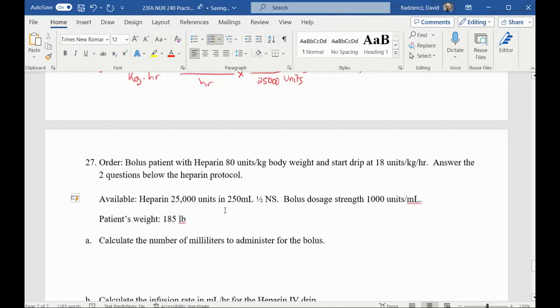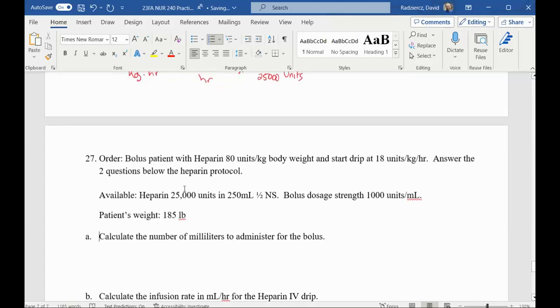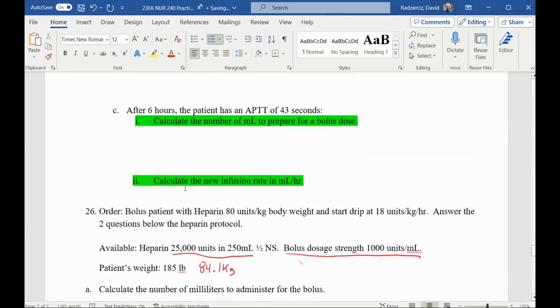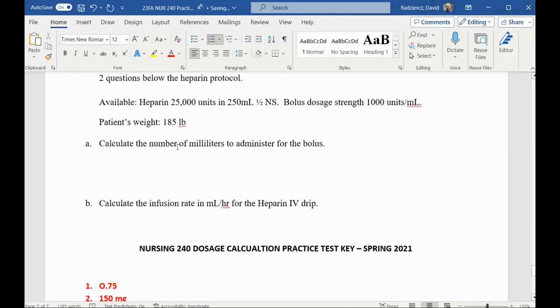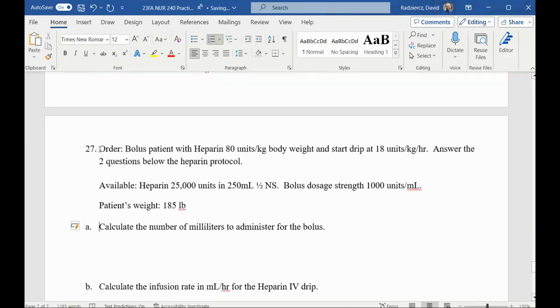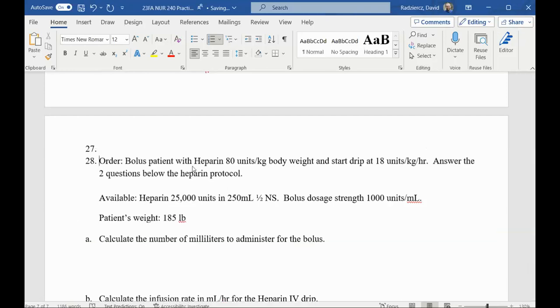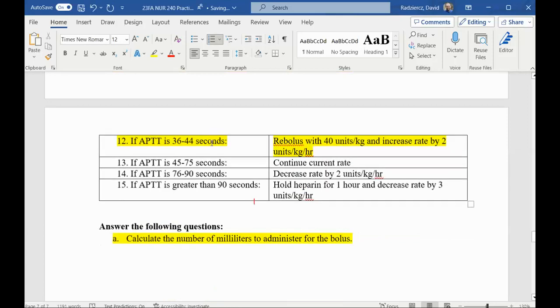Okay. So let's say there's a separate piece of information, a new APTT listed here. So let's just say after 6 hours, the patient's APTT is, let me just see what we have as examples here.